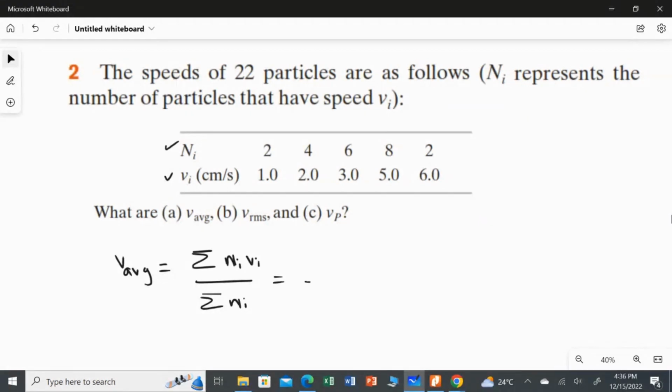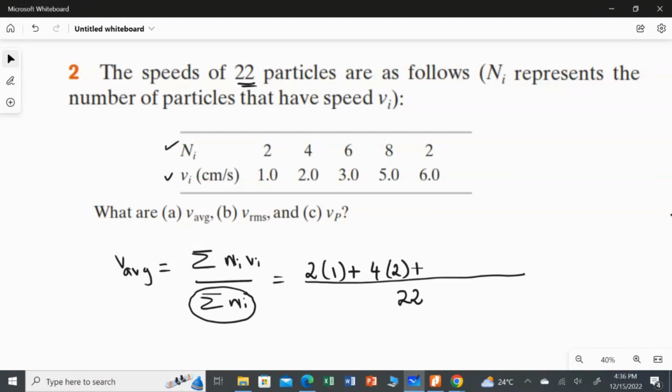The total number of particles, what is the total number they mentioned in the question? 22 particles. So I can directly write 22 here. Now, 2 particles have 1 centimeter per second speed, so 2 multiplied by 1, plus 4 particles have 2 centimeter per second.